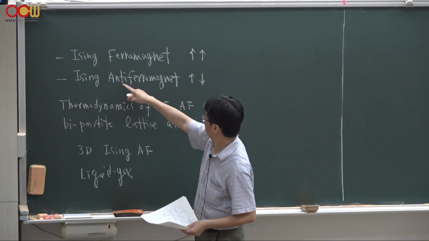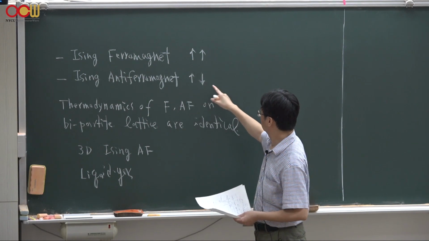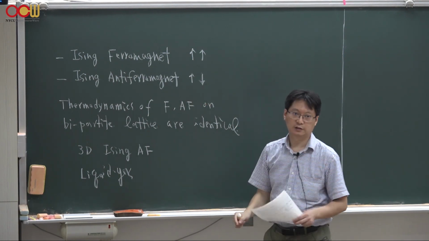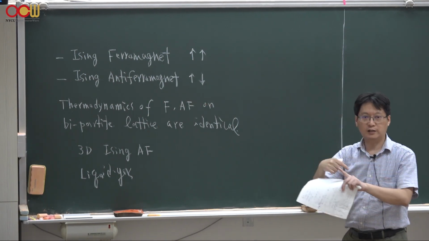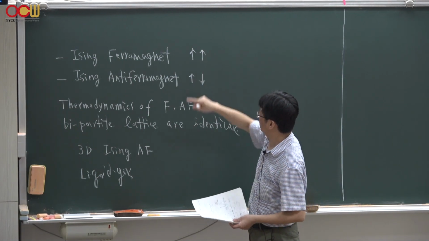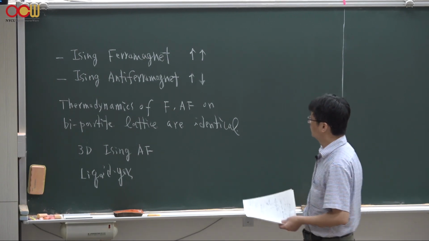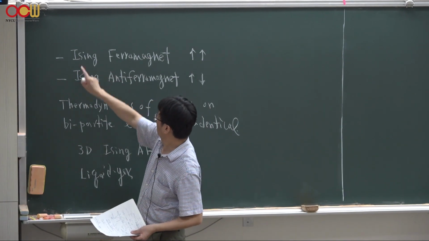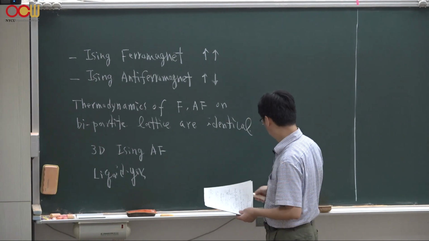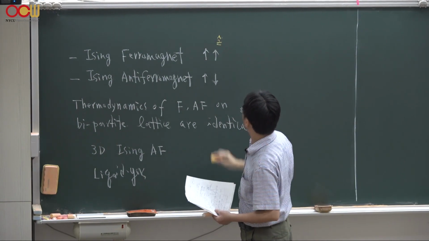First, define the antiferromagnet as the orientations of the spins such that on neighboring sites the spins are antiparallel, like this. This is in contrast to the all-parallel spin orientation of the ferromagnet. We will define this Ising model later. That simply tells us that the spins can only point in the z direction.